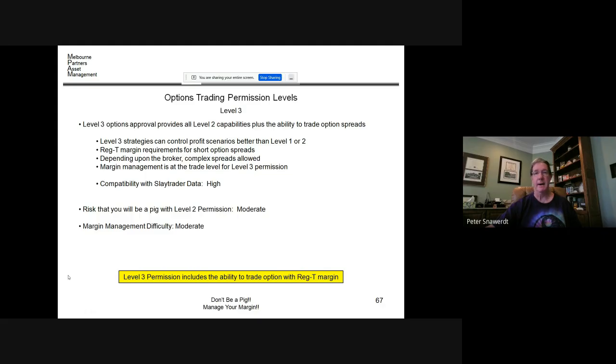Not bad to get a 12.5% return on just selling options that are relatively low risk. And you get that with the data that I provide every day.